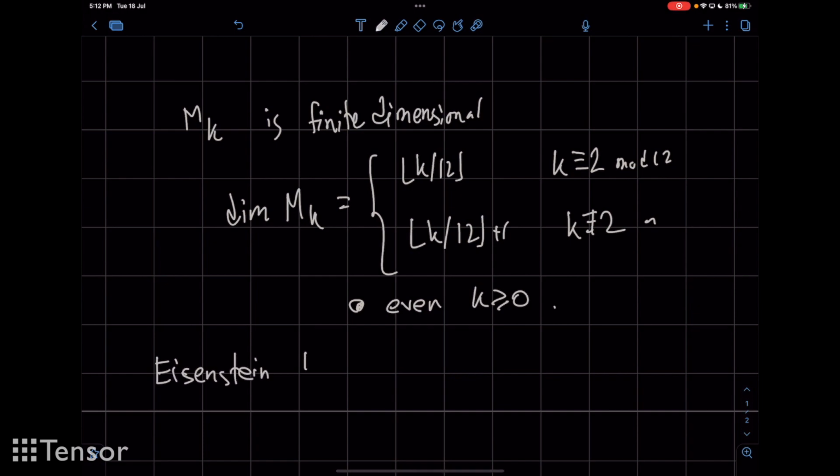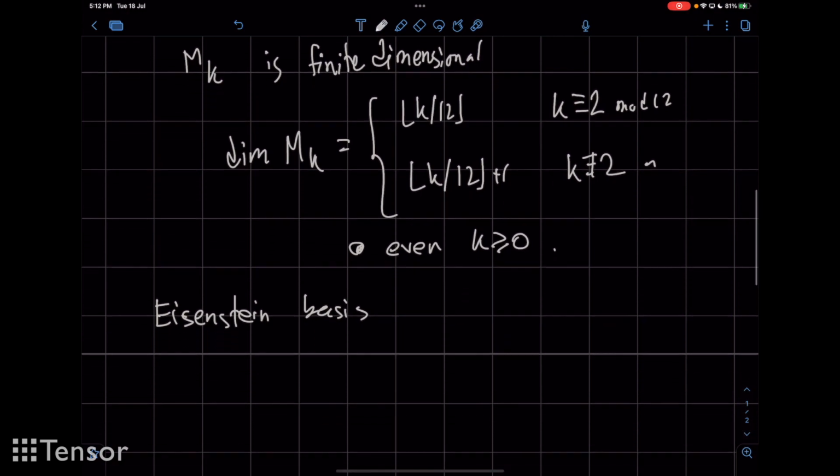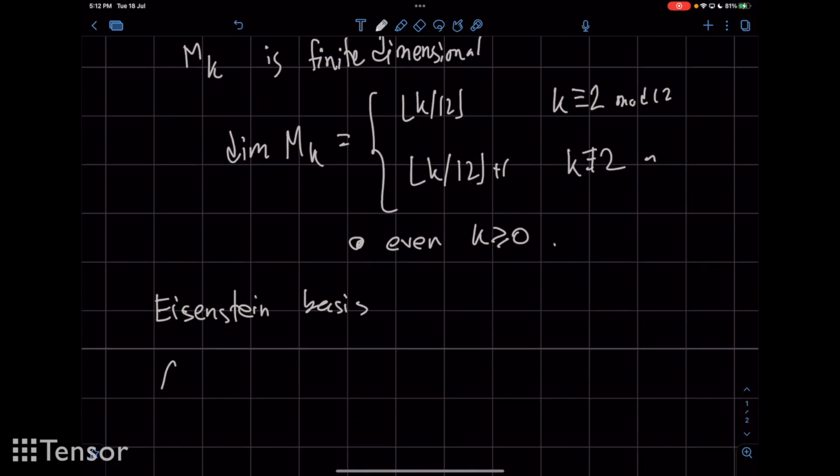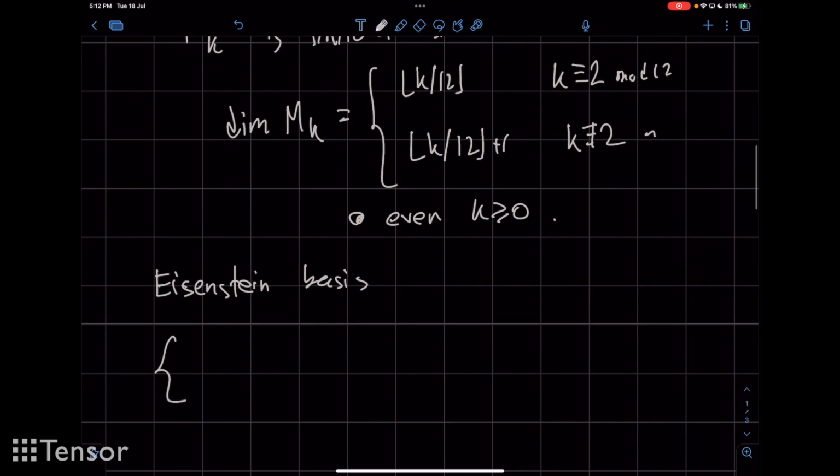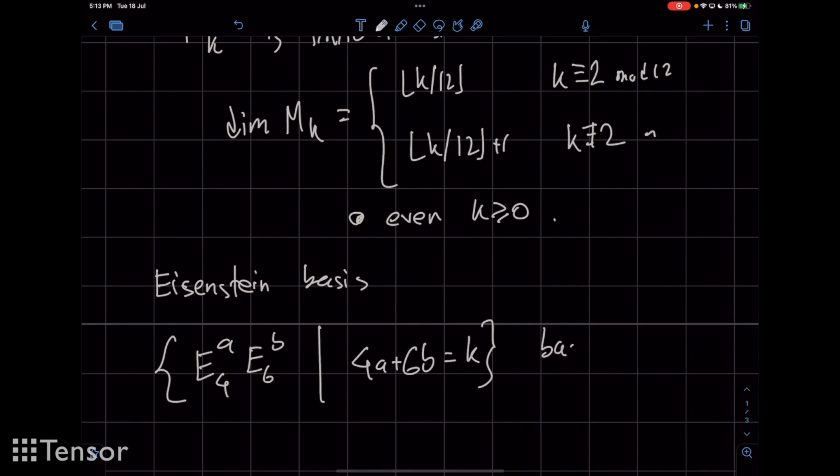It is basically the set of all E4 to the A, E6 to the B, where 4A plus 6B equals k. So this is the basis of M_k.